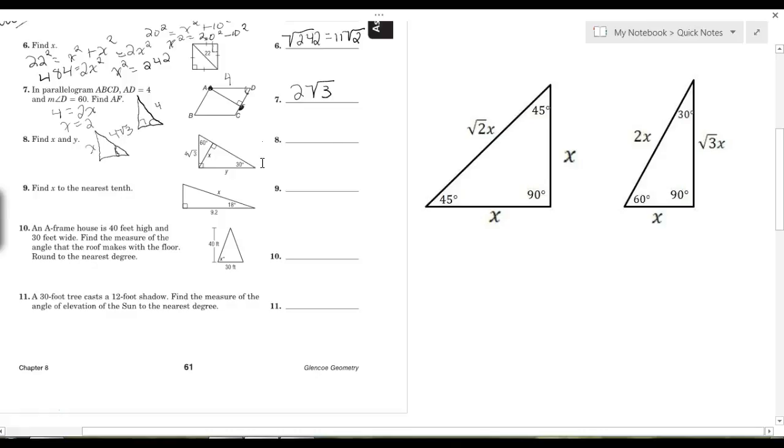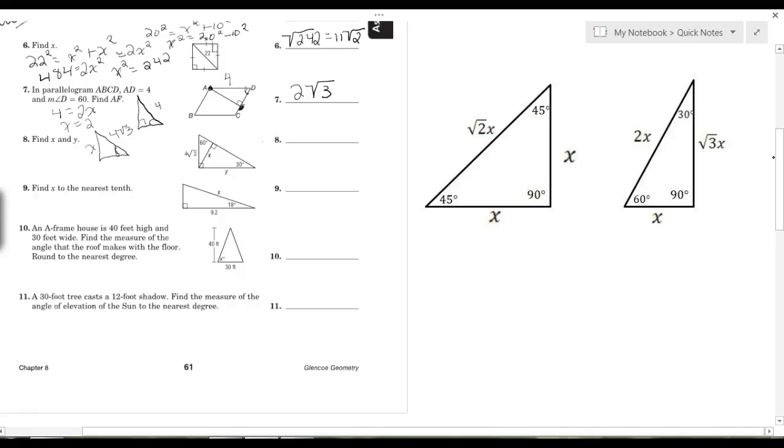So when I go back over here to my 30, 60, 90, I see that the hypotenuse is 2x. Well, I want to use a different variable on my 30, 60, 90 because I already have an x in my diagram.